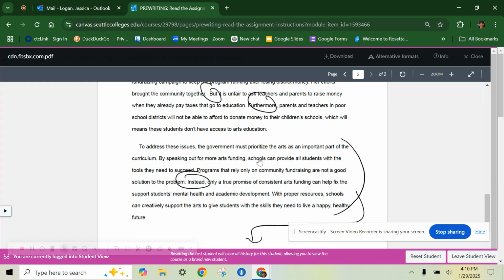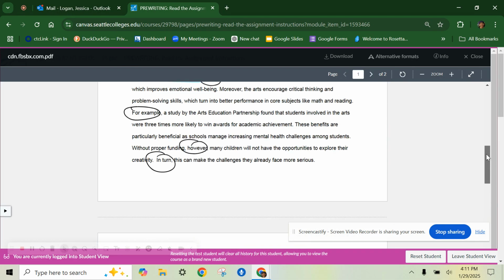To address these issues, the government must prioritize the arts as an important part of the curriculum. So we are restating the same idea that we had in our thesis, that we need money for arts programs in schools and that students have the tools they need to succeed. They do well with those.